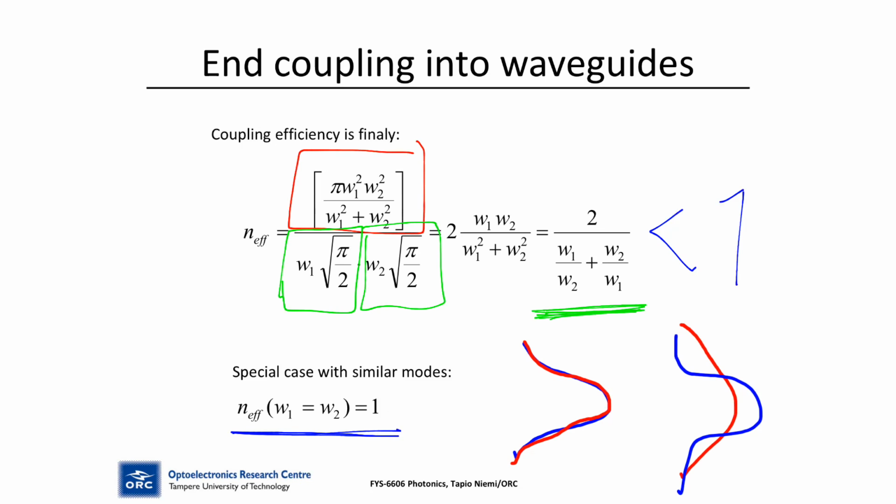And this takes place exactly when the two modes are exactly similar. And if they are even slightly dissimilar, the coupling efficiency will always be smaller than 1.